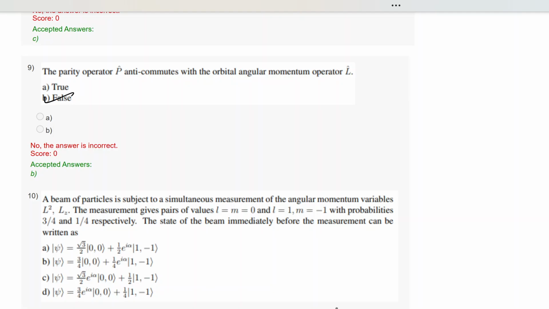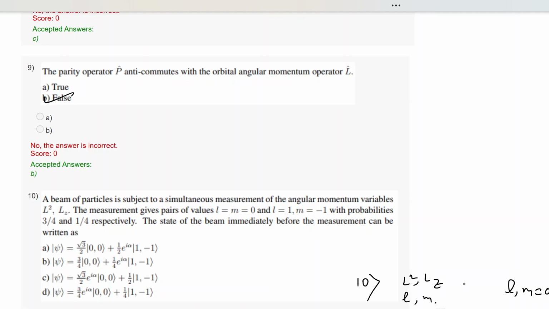Here also, from the operators L squared and Lz, you will only get l and m information. So you are getting the l equal to 0, m equal to 0 state and the l equal to 1, m equal to minus 1 state as the other, with probabilities 3 by 4 and 1 by 4.